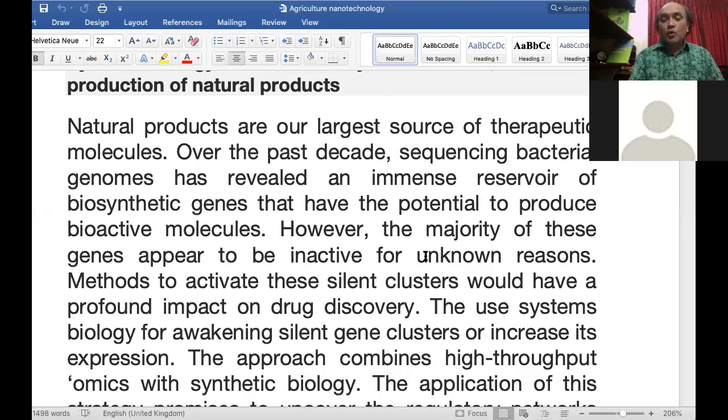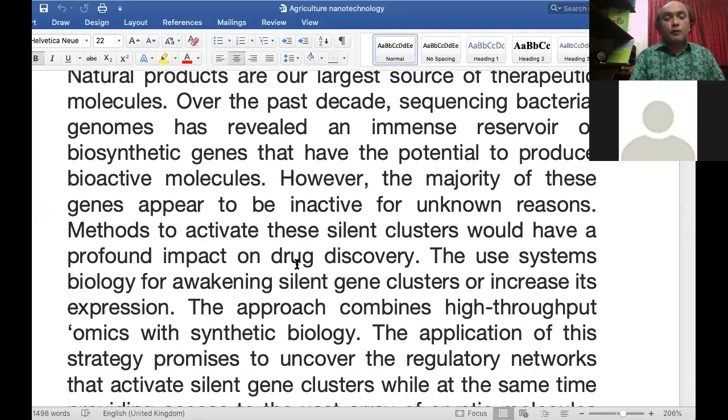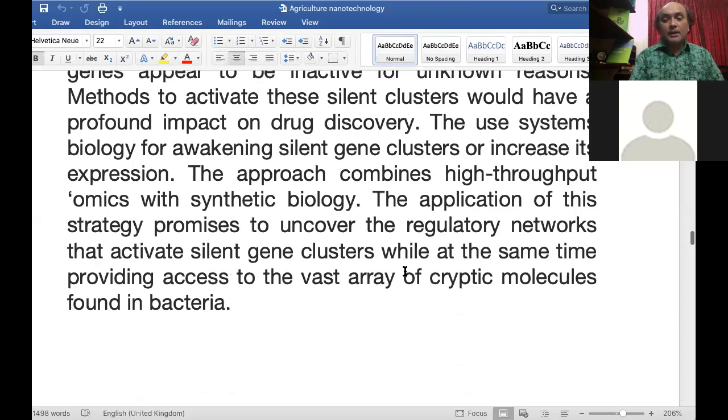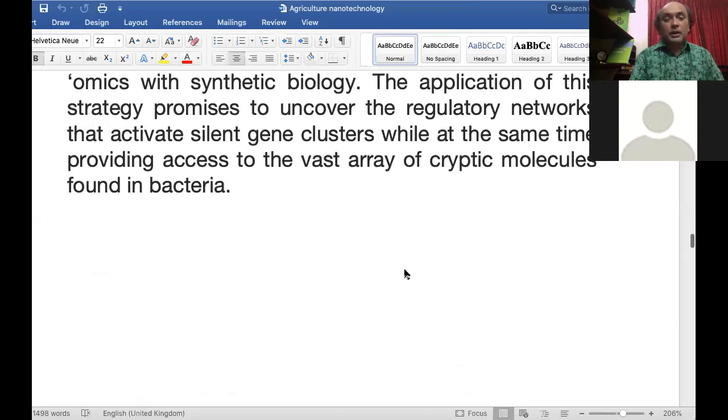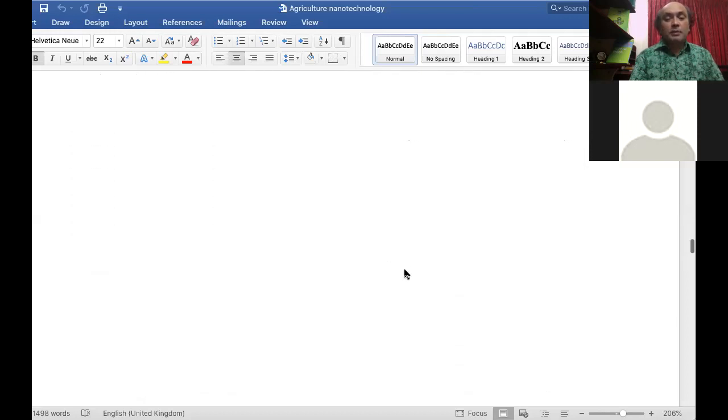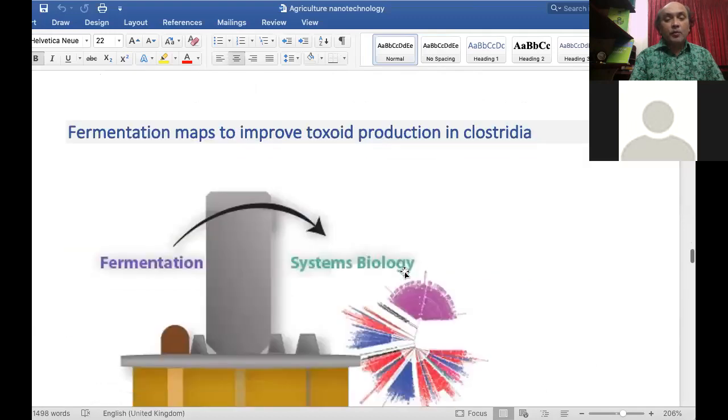If we know the reason of this biology, then it would be very helpful for activating them. Methods to activate these silent clusters would have a profound impact on drug discovery. In the earlier section, I already discussed this point. So cryptic molecules can be available.